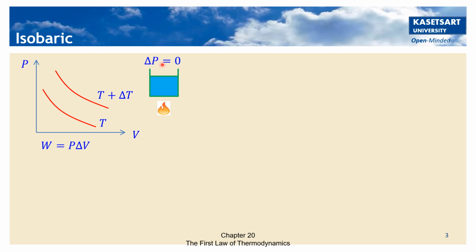So you have delta P equal to 0, but work is still done because your volume can change. So the work equals P delta V. So you have delta U equals Q minus the work.